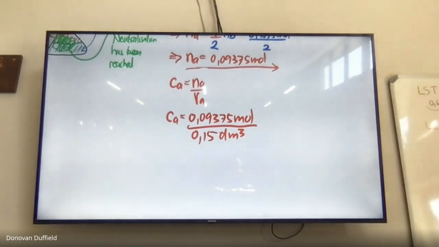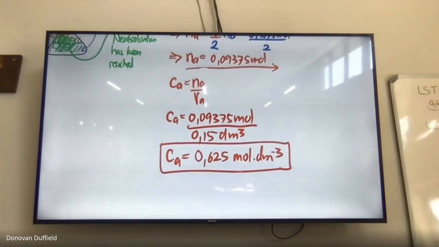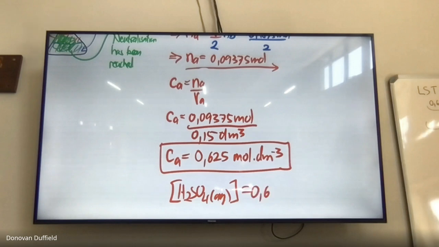So if you divide this by 0.15, we get that the original concentration was 0.625 mole per cubic decimeter. In other words, the concentration of the H2SO4 solution was 0.625 big M.